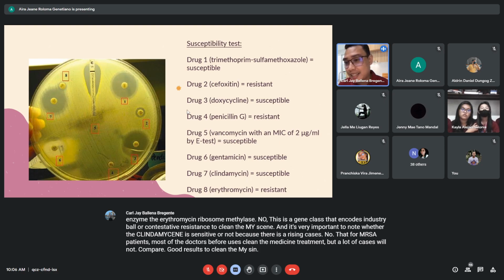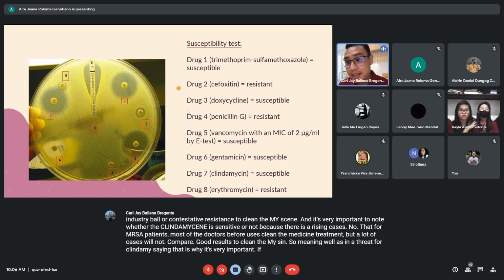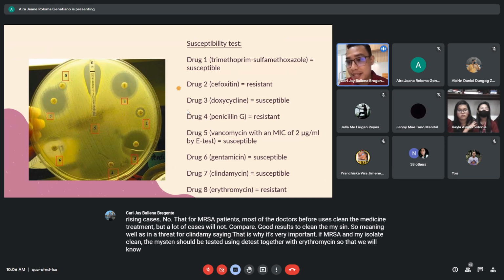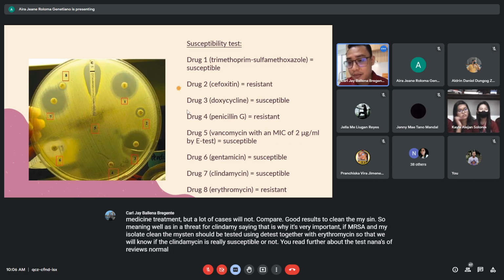So meaning they were not treated by clindamycin. That is why if MRSA is isolated, clindamycin should be tested using the D-test together with erythromycin so that we will know if the clindamycin is really susceptible or not. Read further about the D-test in the previous discussions.